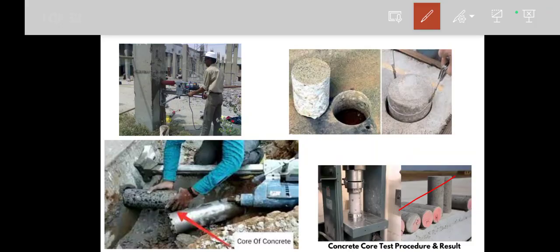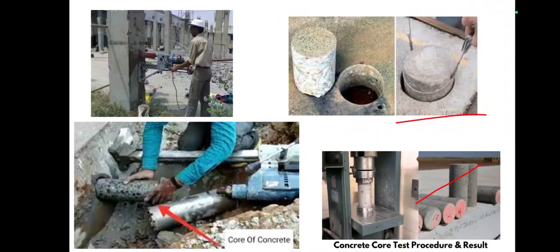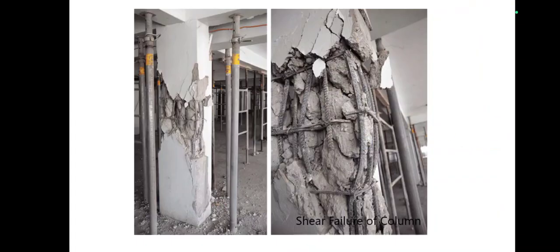To overcome these issues, they have created equipment and apparatus in such a way that without disturbing the structural concrete, we can find out its strength indirectly. That comes under a topic called non-destructive testing. Here also you can see a column that has fully failed.